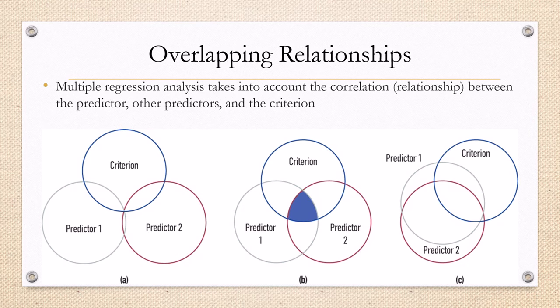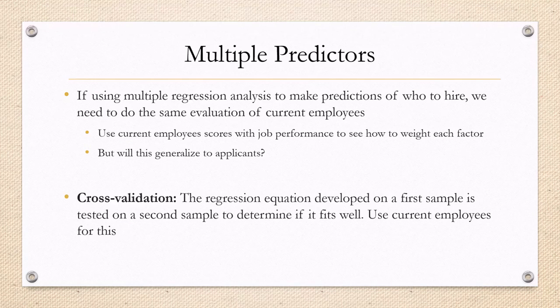If you have cognitive ability and technical knowledge, there is some overlap, but there will still be some level of unique prediction for the criterion. Situation C here could be like having two different tests of cognitive ability, predicting the criterion. There's a lot of overlap and not much use in using both.